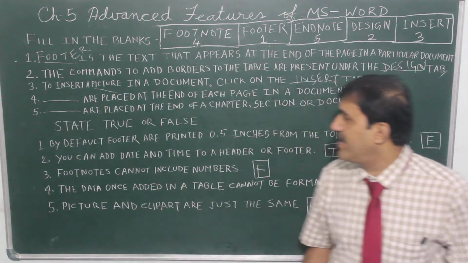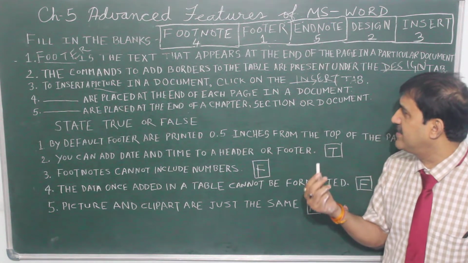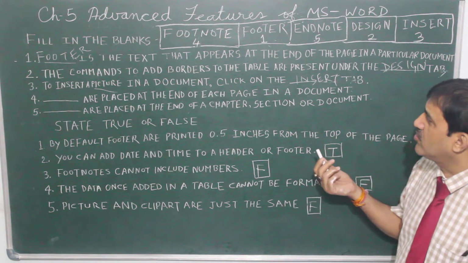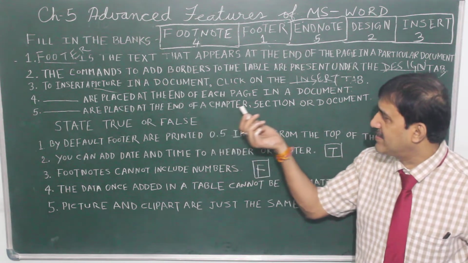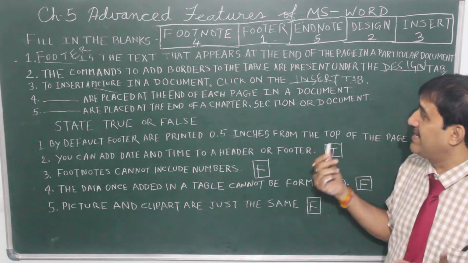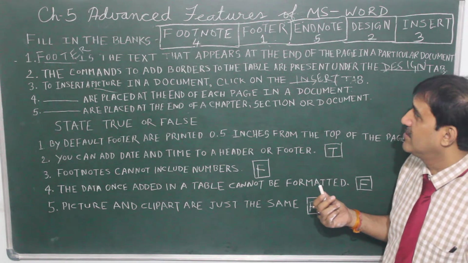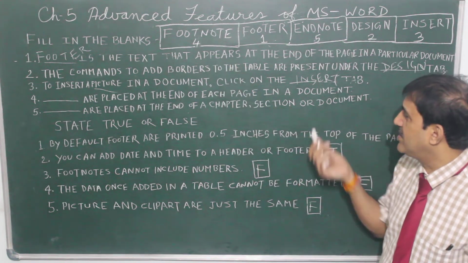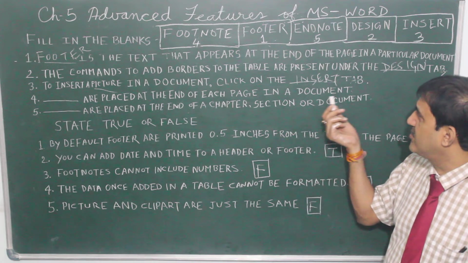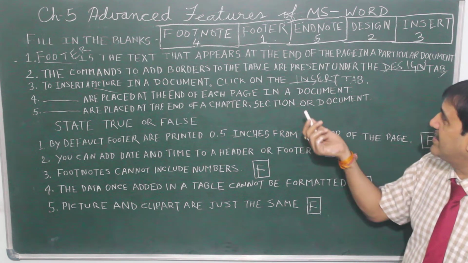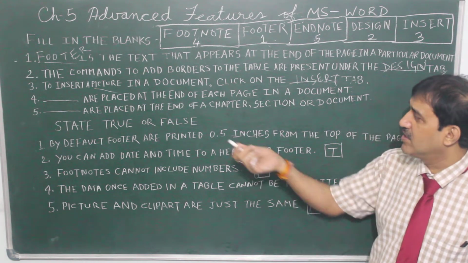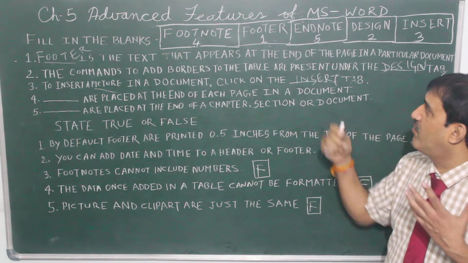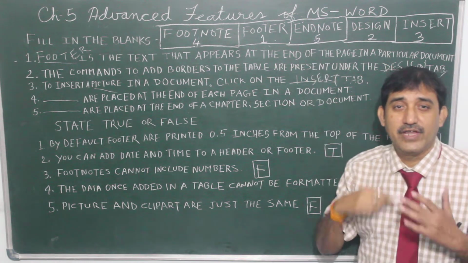Coming to the next one, dash are placed at the end of each page, a very complicated question. You find that footer is there, and now dash are placed at the end of each page in the document. End of each page is the footnote. So that is the footnote placed at each page end. And why? Because at the end of the chapter we go for the endnote.